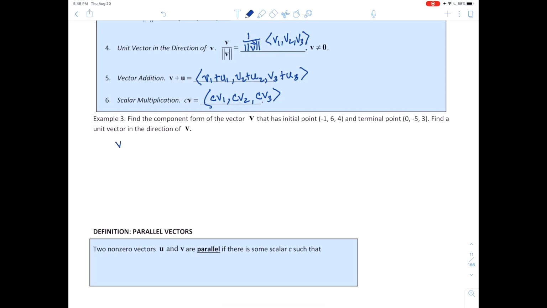So to find the component form of v, what do we need to do? Remember, we need to subtract the initial point coordinates from the terminal point coordinates that correspond. So what's going to happen? We'll have 0 minus negative 1, comma, negative 5 minus 6, and then 3 minus 4.